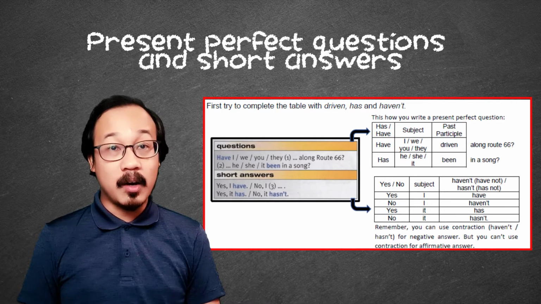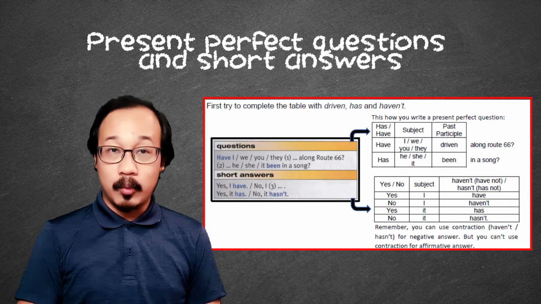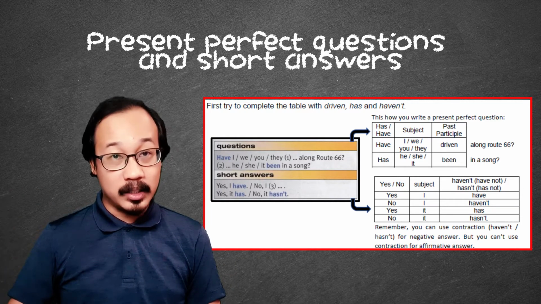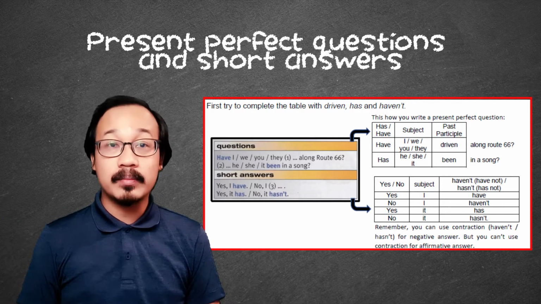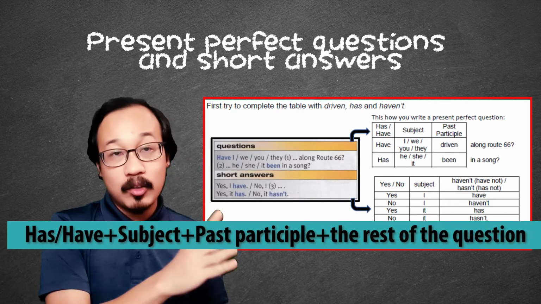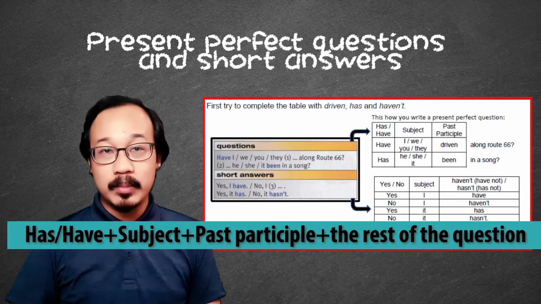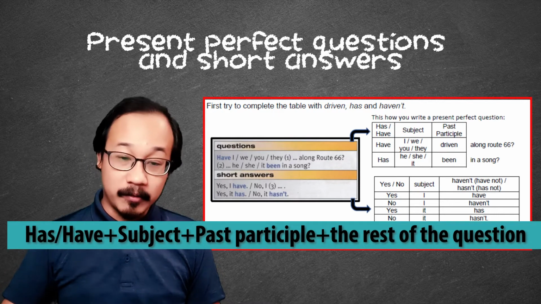First, you would start off with has or have, depending on your subject. So once you have has or have in place, you would have your subject, followed by the past participle form of the main verb.